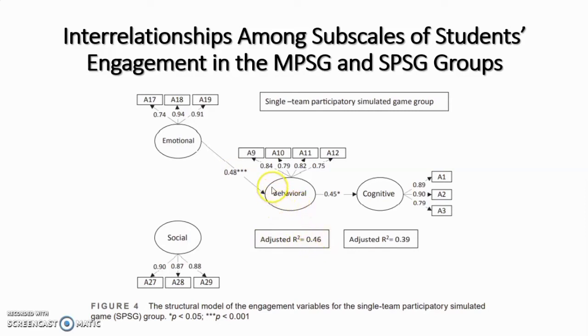Whereas behavioral engagement was a positive and significant predictor explaining variation in cognitive engagement, where the path coefficient equals 0.45 and adjusted R-squared equals 0.39.